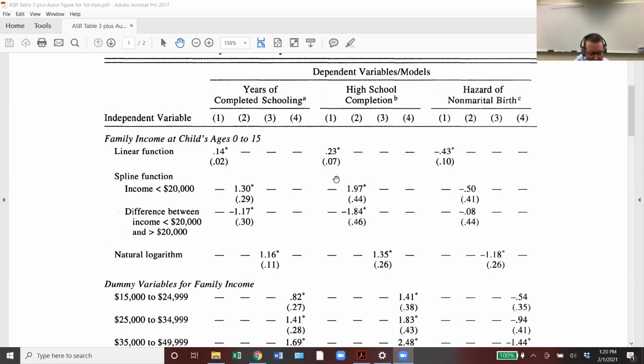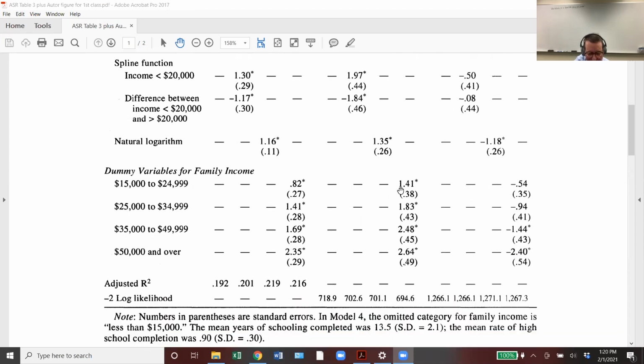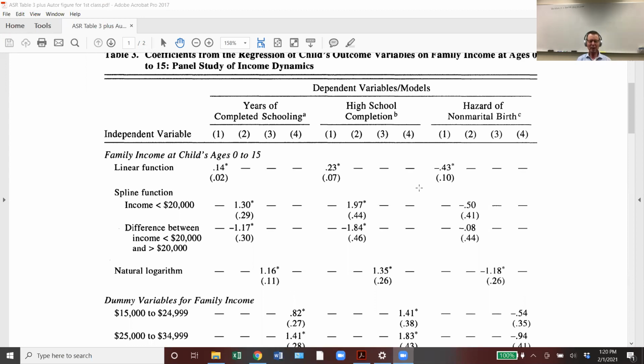So you can have a single variable, you can do a spline function, you can take the natural logarithm of income in this case, you can do dummy variables. So it's really just taking a lot of the tools that we've already developed for just a straight up linear regression and applying it to this particular case where the dependent variable is dichotomous.